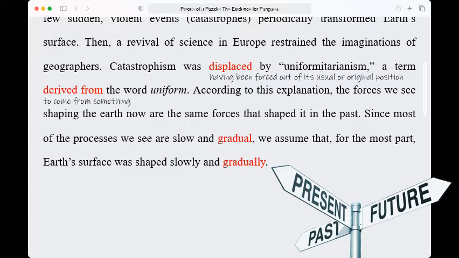So what exactly is uniformitarianism? In geology, uniformitarianism has included the gradualistic concept that the present is the key to the past, and that geological events occur at the same rate now as they have always done.